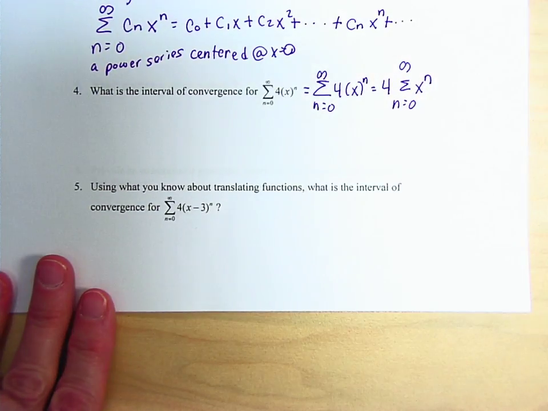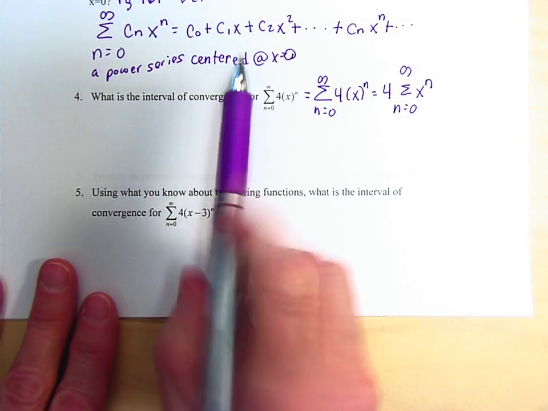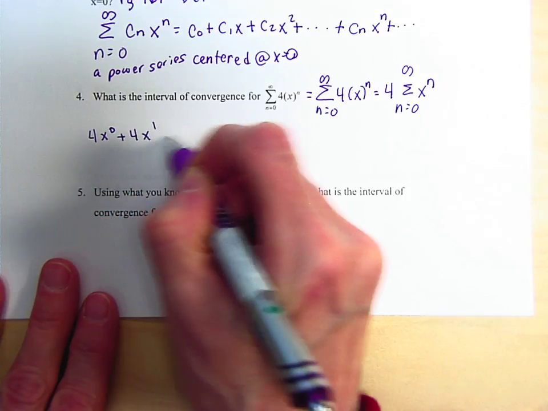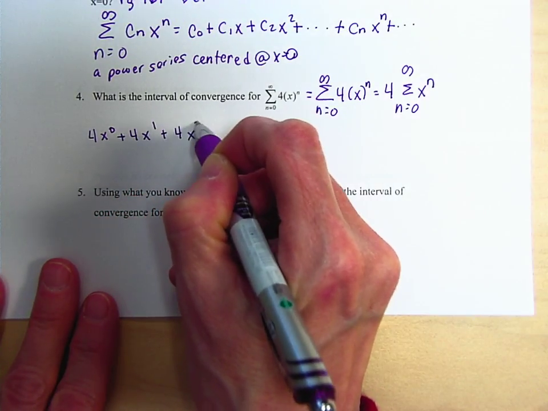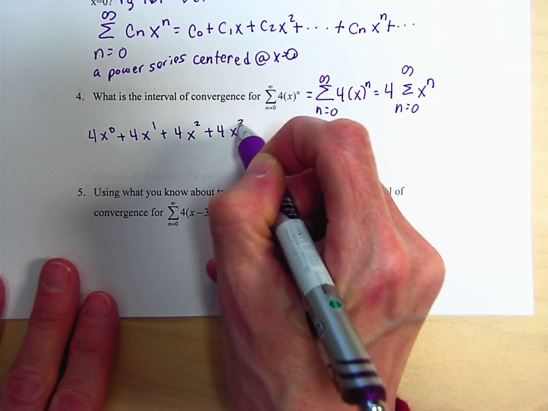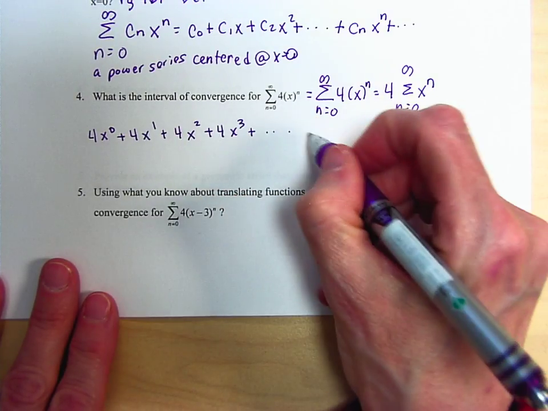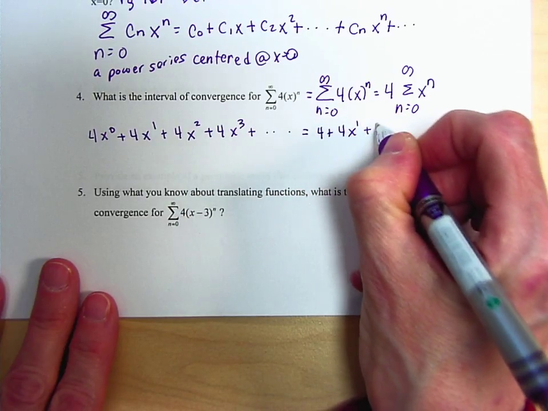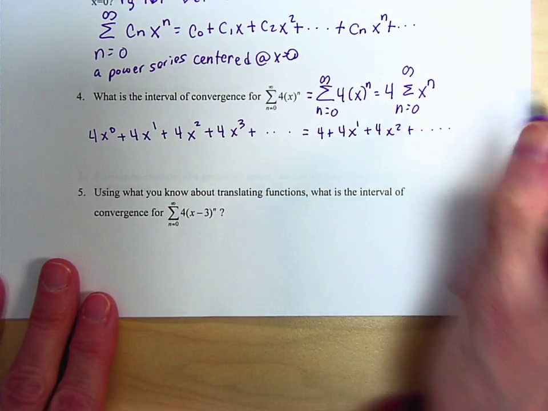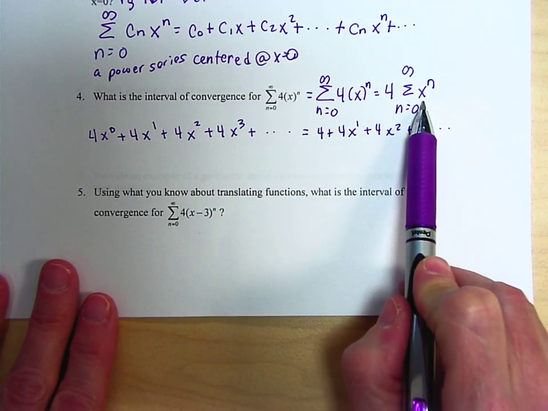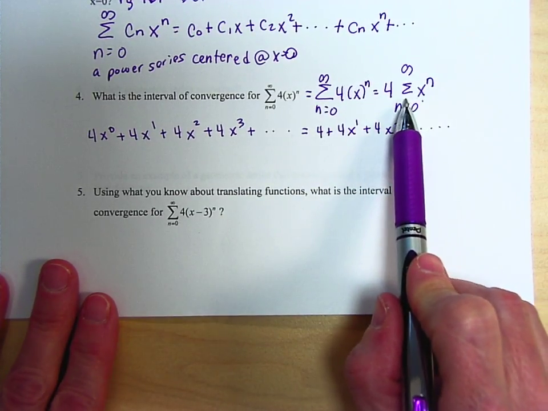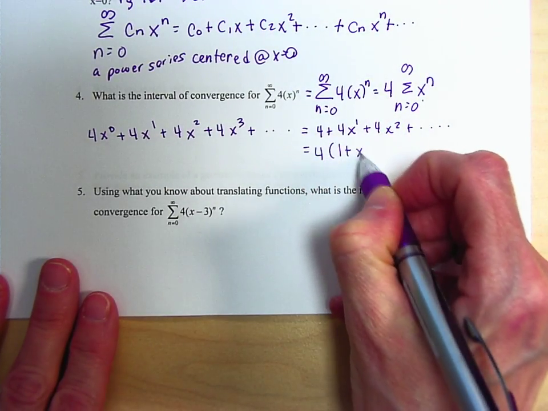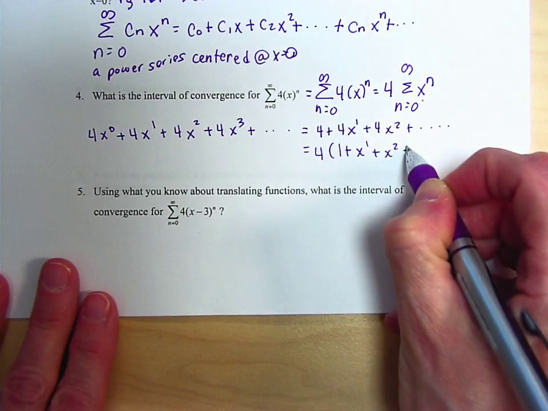Or if I wrote it out term by term, similar to what we did above, this would be 4x to the 0 plus 4x to the first plus 4x squared plus 4x cubed plus dot dot dot. Or in other words, that's equal to 4 plus 4x to the first plus 4x squared, and so on. So this 4 really doesn't impact what's going on inside of the sequence, other than to take every term that we have and multiply it by 4.